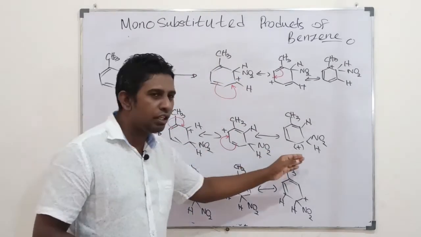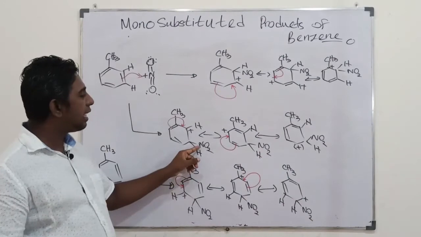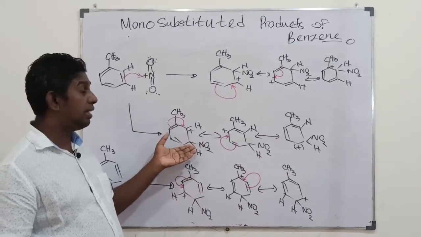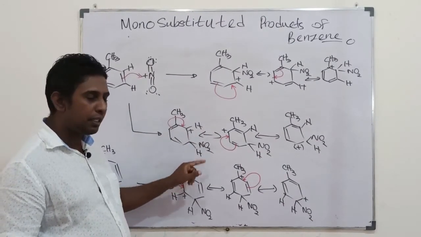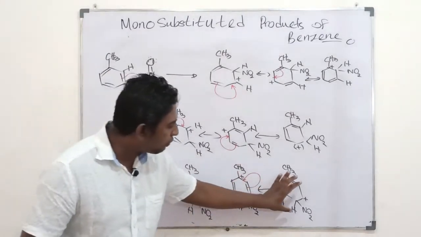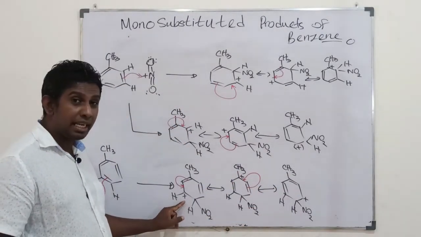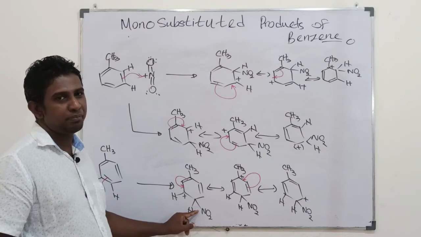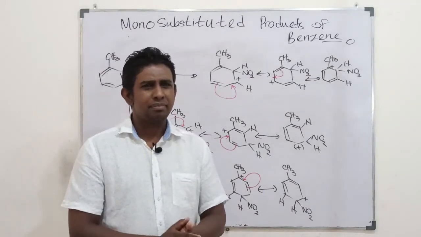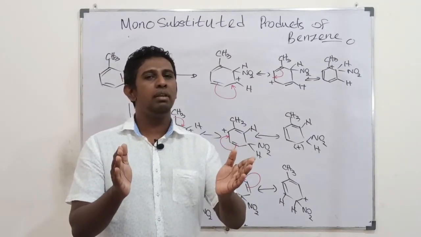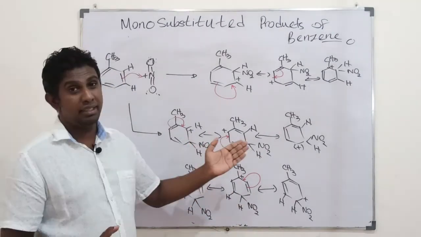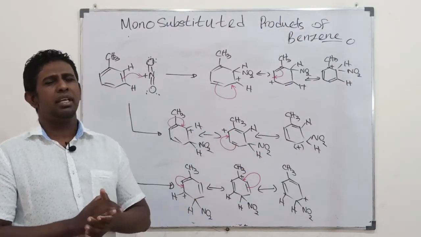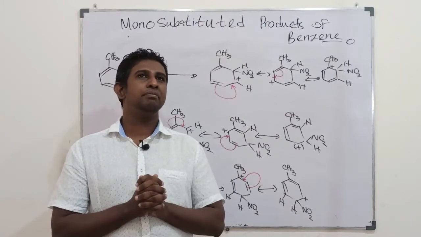This is the resonation followed by the intermediate cation for the meta substitution. This is the resonation followed by the intermediate cation of para substitution. Okay, they all involve resonation forming 3 resonance structures. Then what's the difference? Okay.